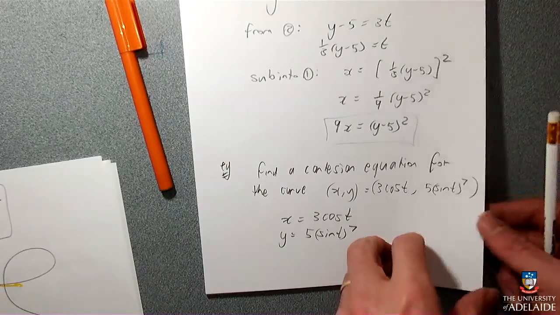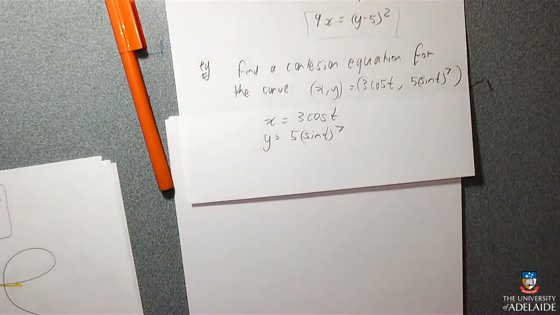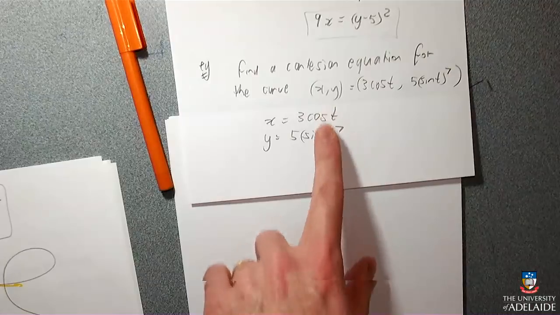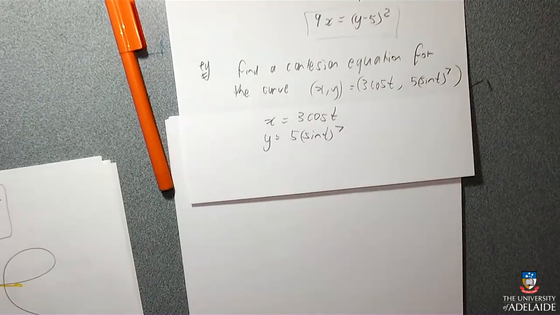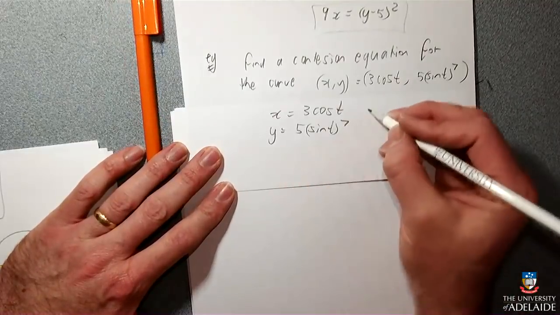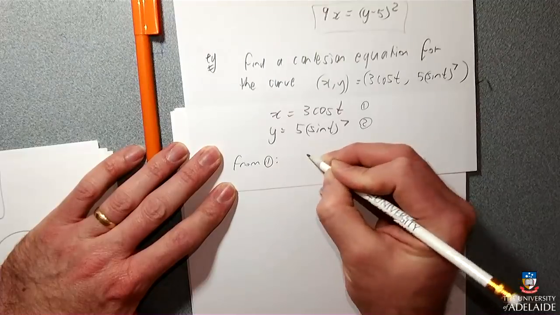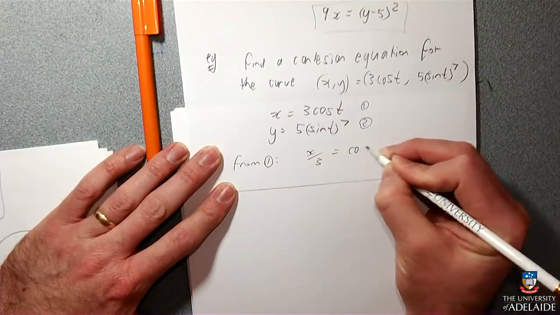And so it's a trick, really. I know that cos squared plus sine squared is 1, and I can figure out what cos and sine are from this and sub it into that, and that will get rid of my t's. So from number 1, I've got x on 3 is cos t.